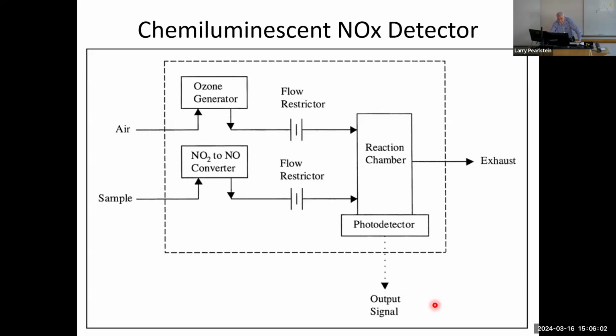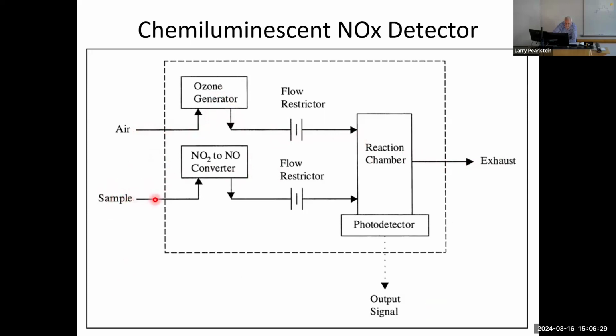Anyway, what happens here is you suck in air, or actually the exhaust draws in air. It passes through an ozone generator where you have a high voltage plasma discharge, and that converts the O2 to O3. It rearranges the oxygen atoms into the more unstable reactive form known as O3, or ozone, and it flows into the reaction chamber.